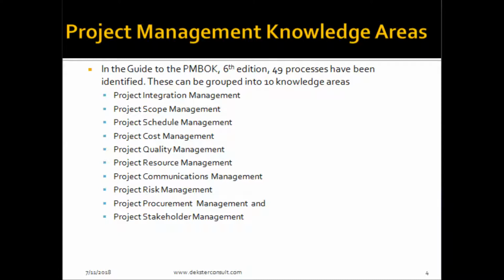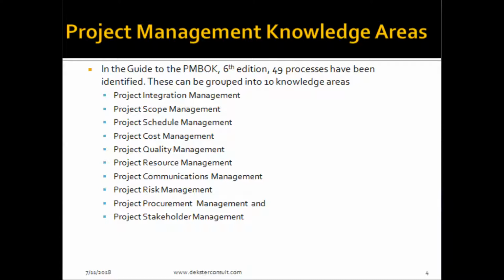Now, in the PMBOK Guide, the 6th edition, 49 processes have been identified, and these processes could be grouped into 10 knowledge areas, apart from the groupings into the 5 process groups.